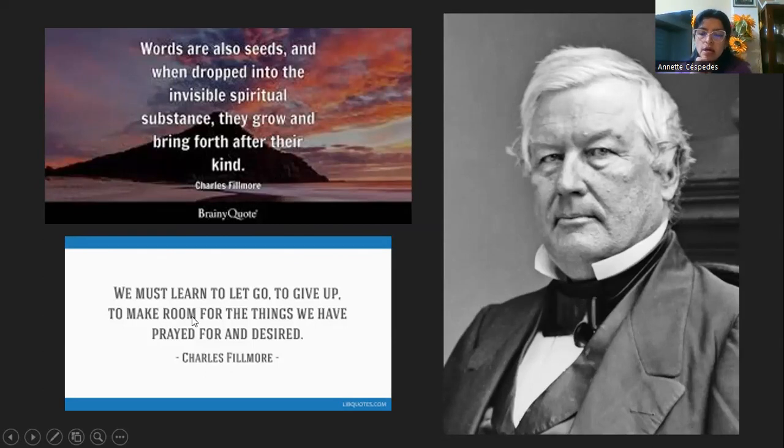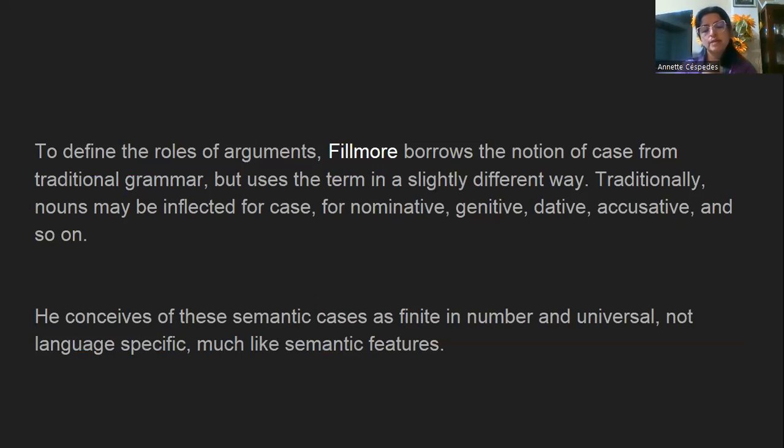Another quote from him is that we must learn to let go, to give up, to make room for the things we have prayed for and desire. He has really nice quotes. Now let's keep going.